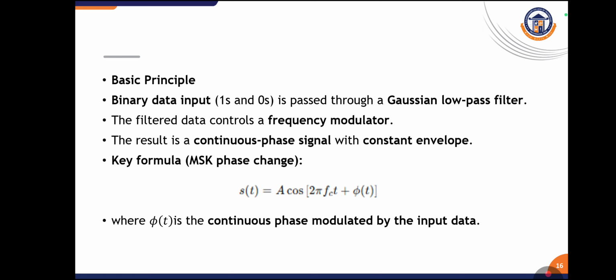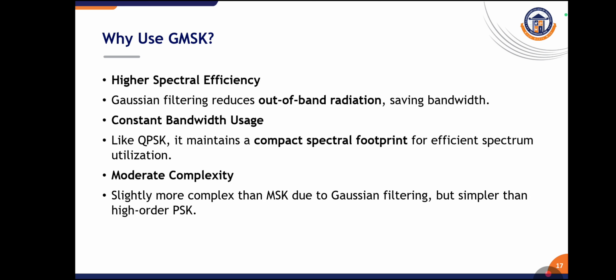The basic principle: binary data input, ones and zeros, is passed through a Gaussian low pass filter. The filtered data controls a frequency modulator. The result is a continuous phase signal with constant envelope. The key formula is S(t) = A cos(2πfct + φ(t)), where φ(t) is the phase modulated by the input data.